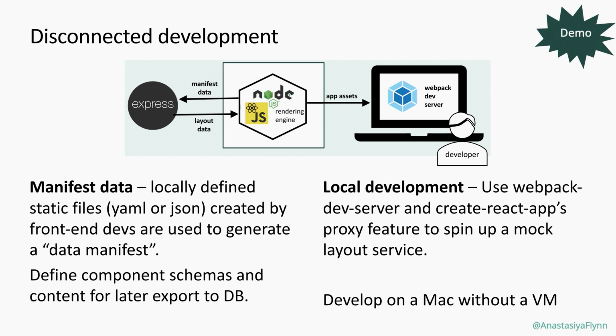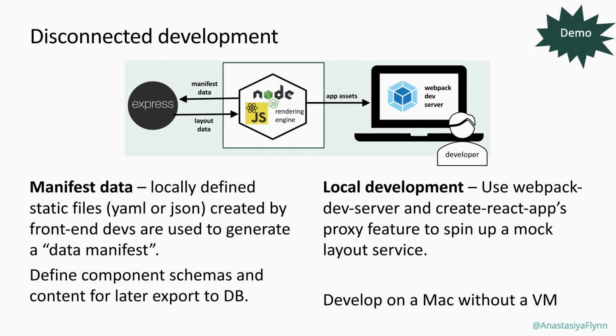However, when they're running locally and they need to mock what's ultimately going to come from our .NET platform, they'll be creating static YAML or JSON files to define the schema of that layout data. And they provide sample data to fill in for what the author would normally populate.